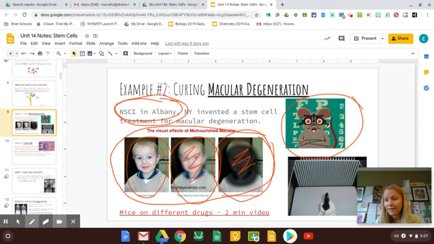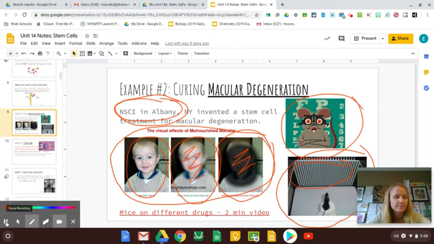Obviously you can't give a rat a verbal vision test. So right here, it actually shows how they gave rats that test. What they do is they show a rat this striped wall and they start to move the striped wall. And if the rat can follow it, then they know that it's able to see. So pretty clever how they come up with ways to test animals.